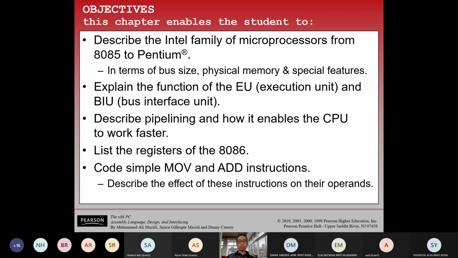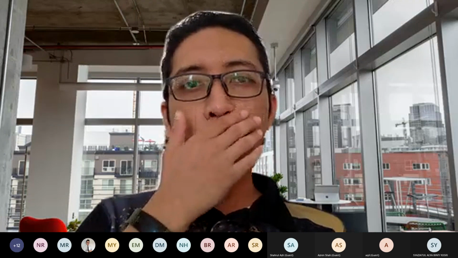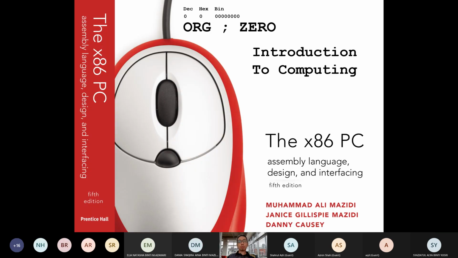What we're talking about right now is more on the structure of the computer. Last week I already touched on the history of the microprocessor. So today we should talk about this.